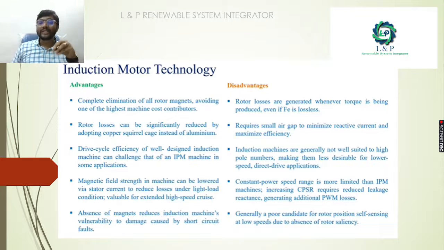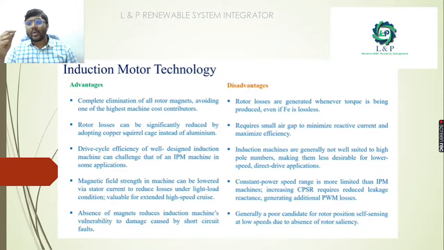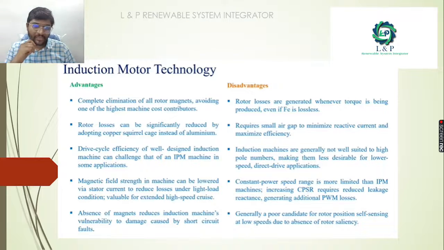Even if we use iron, ferrous materials, we have losses. And the drive cycle efficiency of an induction machine is good if well designed, but when we have a high number of poles for low speed applications, it is very difficult to use these induction motors.